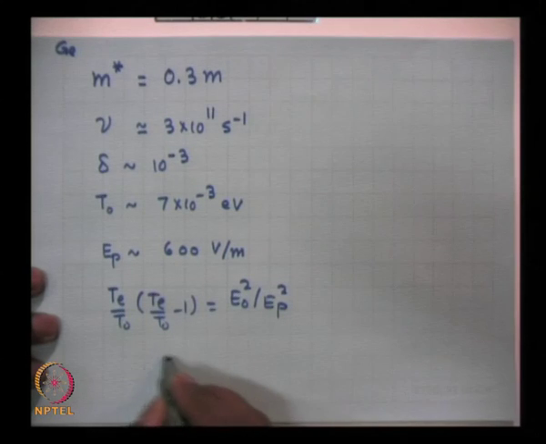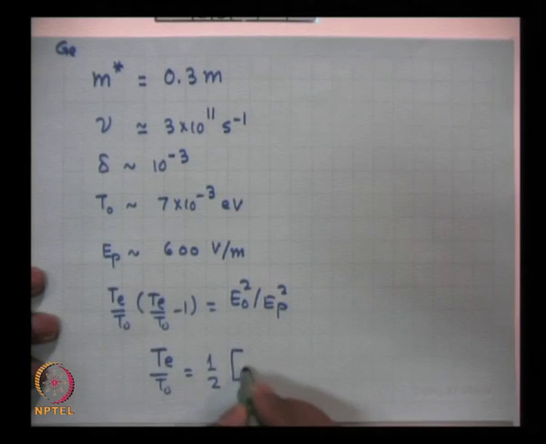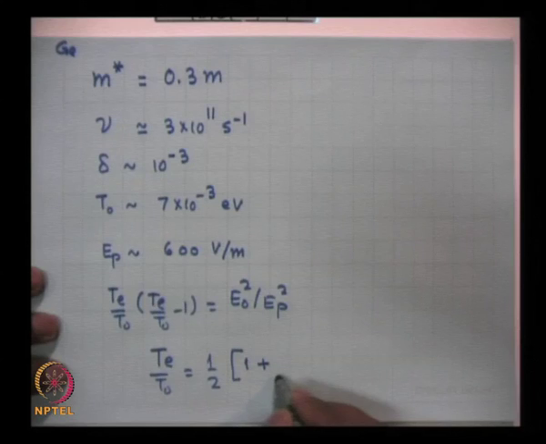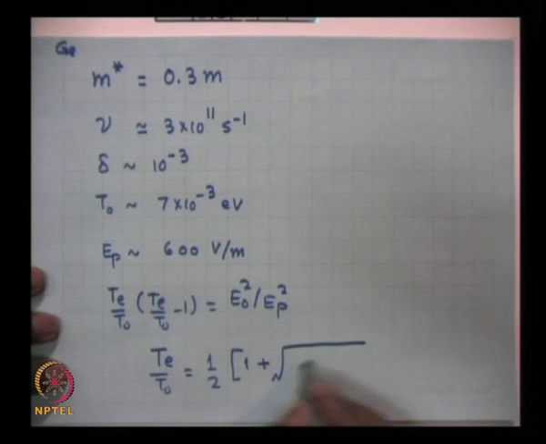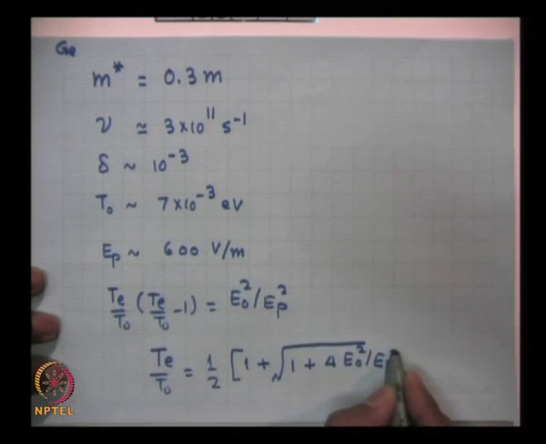If you solve this, it turns out to be Te upon T0 is equal to half of 1 plus under root 1 plus 4 E0 square upon EP square.